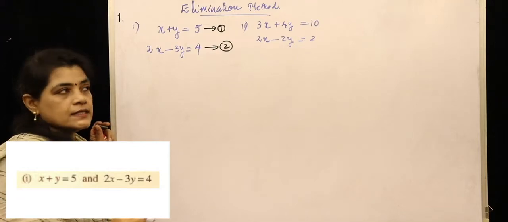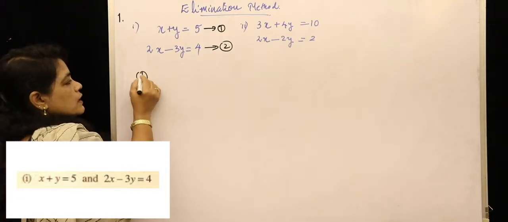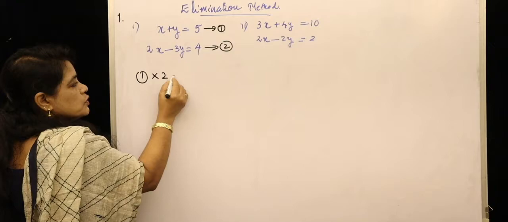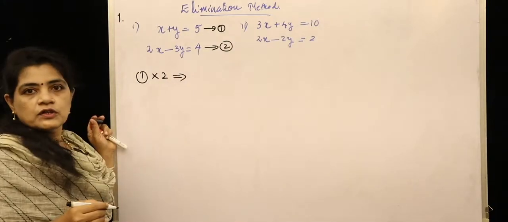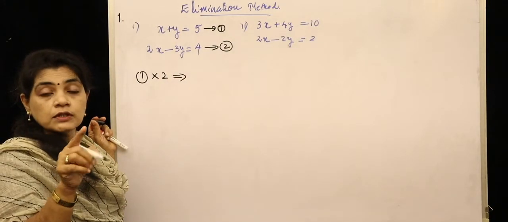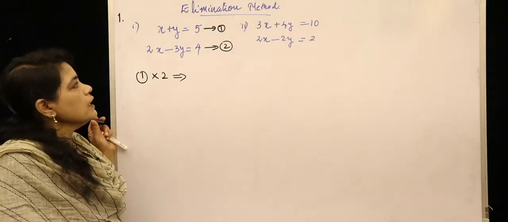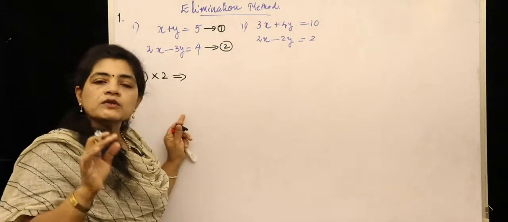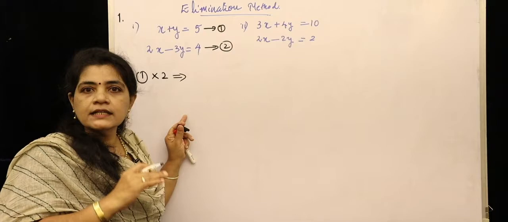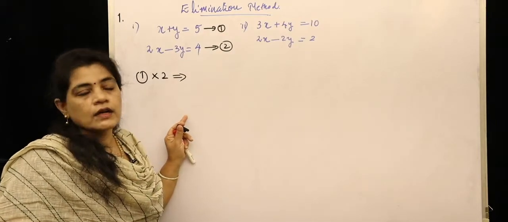So what is the step I said? Equation 1 must be multiplied with 2 in order to make the coefficient of x in the first equation the same as that of the second equation. Multiply means you have to multiply both the terms in the LHS as well as the RHS. That is the rule.